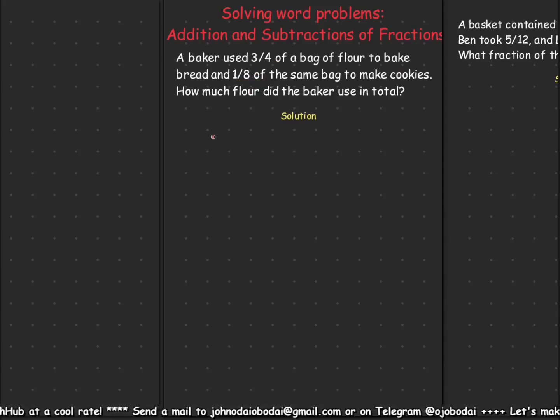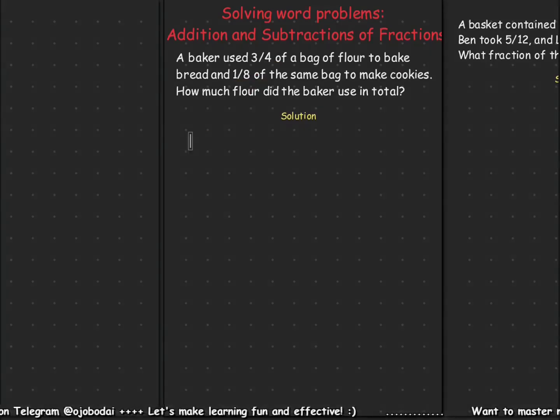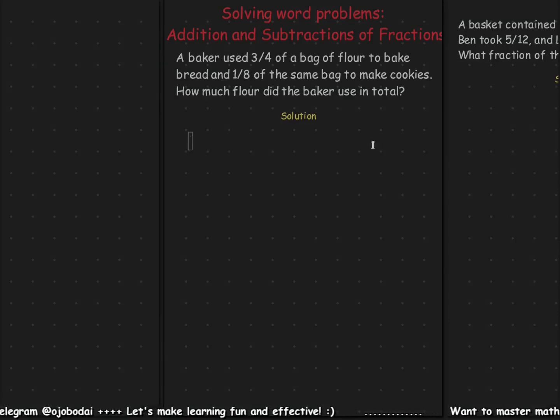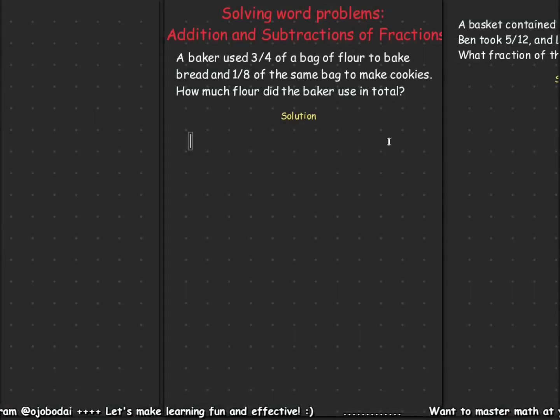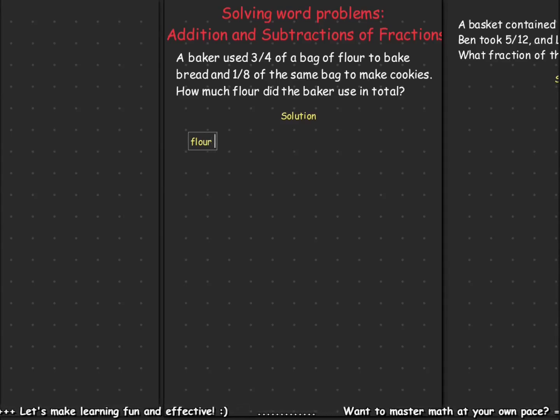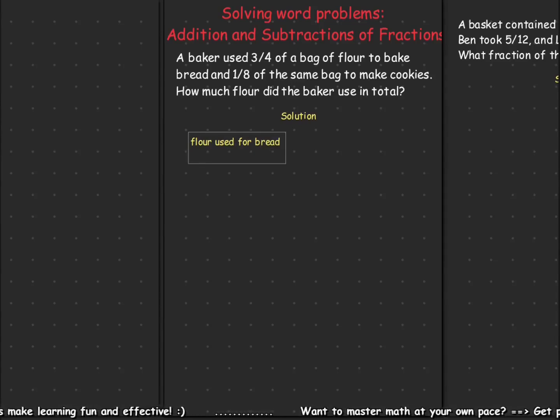So our solution. Now it is important we take note of the following when solving. If you write them down, you can look at them and reflect and then present your solution also in order. So the flour, we will take note of the flour used for bread, and then we also take note of the flour used for cookies.